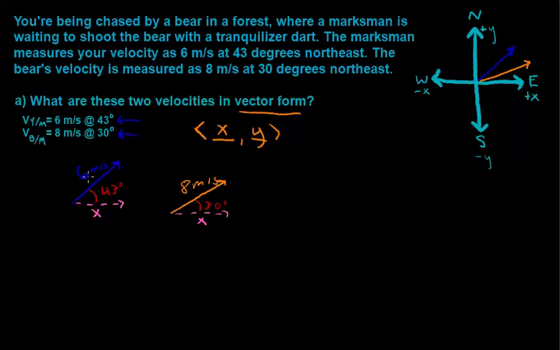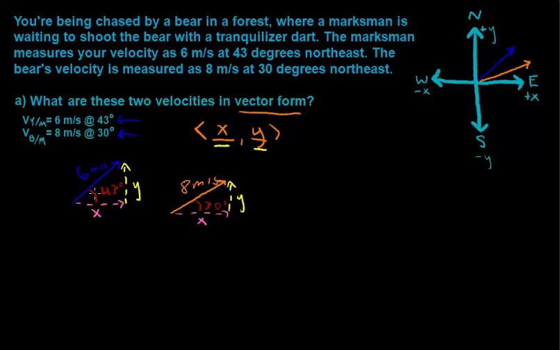And then as well, there is a component of our vector velocity and the bear's vector velocity which is running north only, in the y direction. And that's just what we want. We want to split up our magnitude velocity and the bear's magnitude velocity into the separate x and y components that make up its vector form.